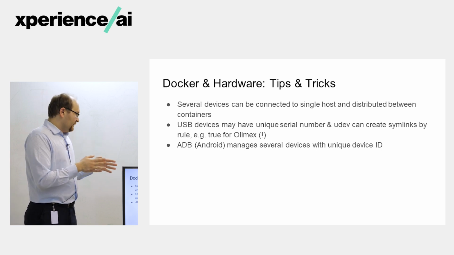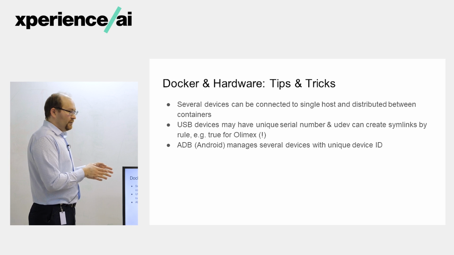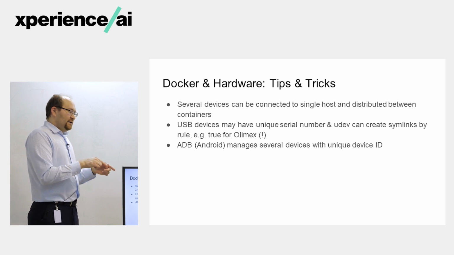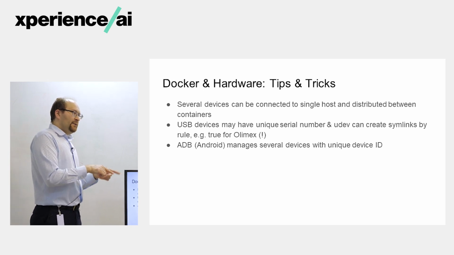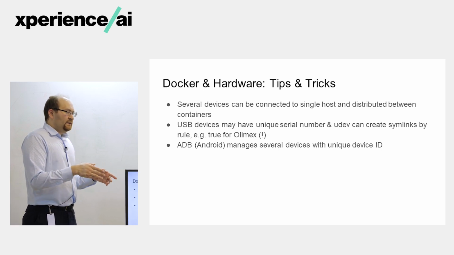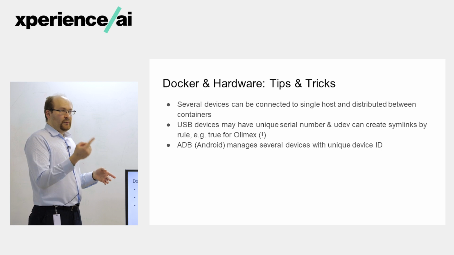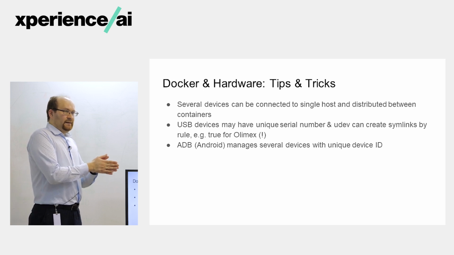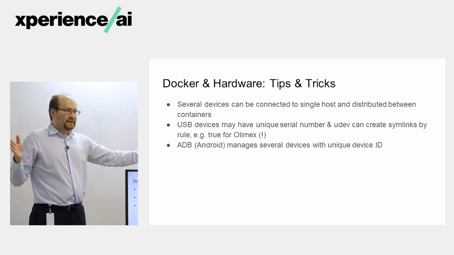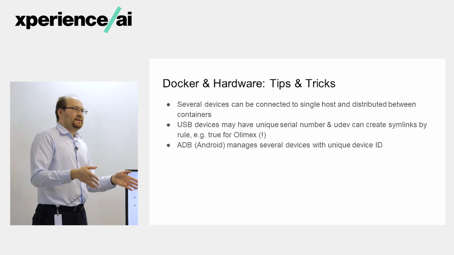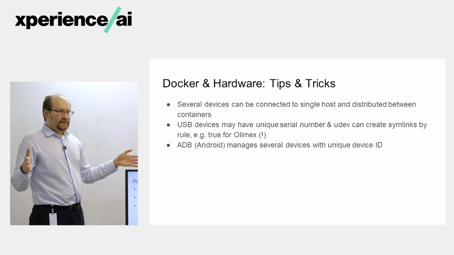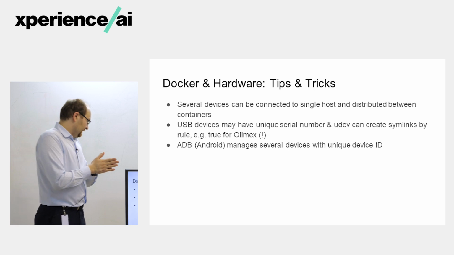With Docker, you can do the following. You can attach a single phone to one container, and the software stack inside of this container sees just one device and can work with it. So you can have hundreds of devices connected to the same PC, split them between containers, and everything works as you designed.